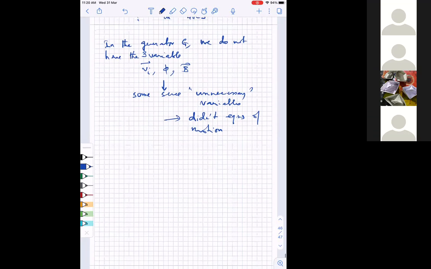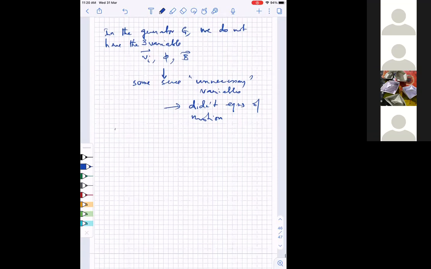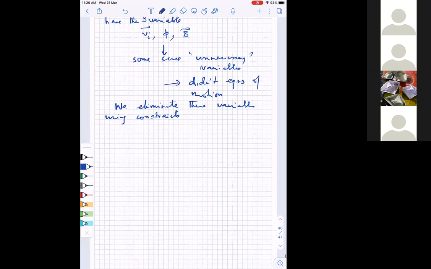So basically we eliminate these variables using constraints. Okay. So what are the constraints?